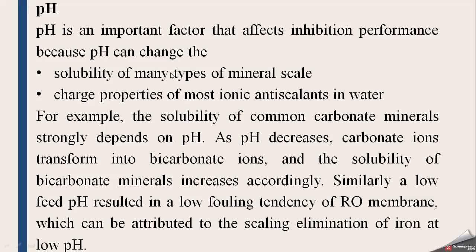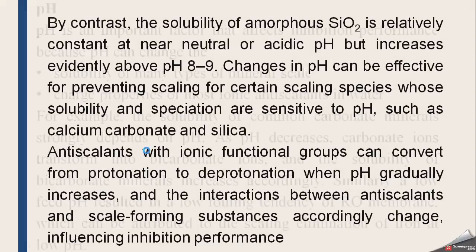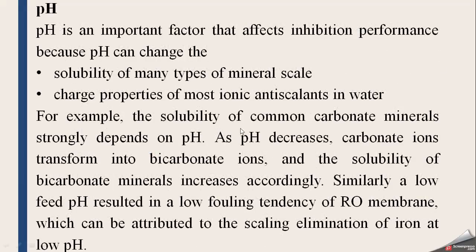For example, the solubility of many carbonate minerals depends on pH. As pH decreases, that is, as we make the water more acidic, carbonate ions transform into bicarbonate, and the solubility of the bicarbonate mineral increases accordingly. As pH goes down, the carbonates start dissolving in the water.